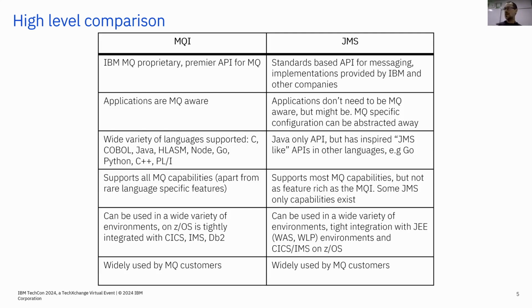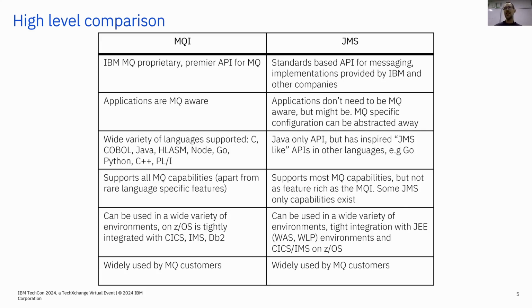And also there are some cases where, because JMS is a standard and we have to pass standards compliance tests, we've had to add some bits of function specifically for JMS that we don't think are necessarily a perfect wider fit into MQ as well. So we get the odd discrepancy where JMS has a particular capability and the MQI doesn't, and that's because we had to add that capability to JMS.